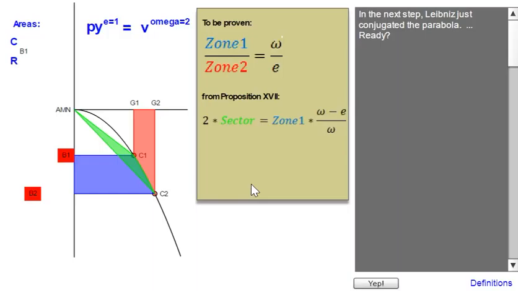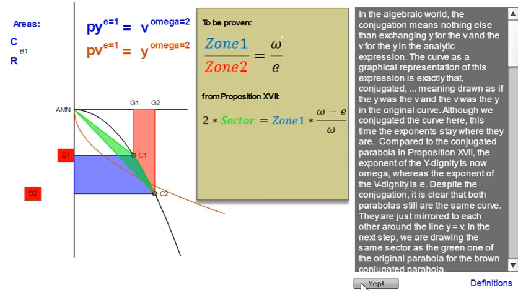In the next step, what Leibniz did is to conjugate the parabola. So conjugating a curve, in terms of this analytical expression, means that you just exchange the v and the y dignities for each other. So where you had the y dignity before, you now have the v dignity, and vice versa, the v dignity with the y dignity.